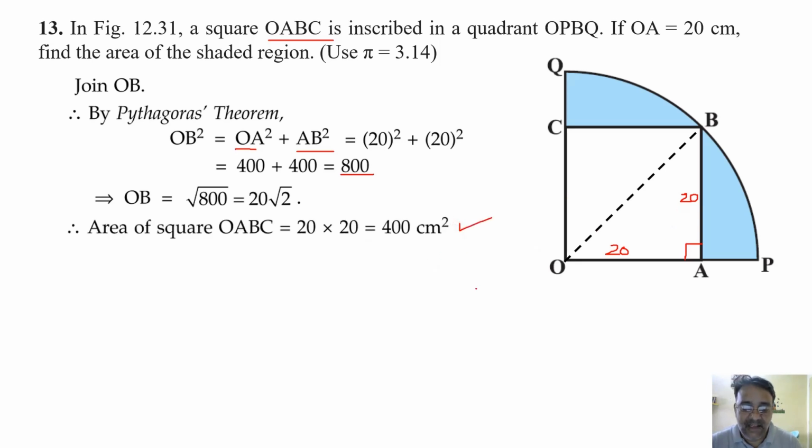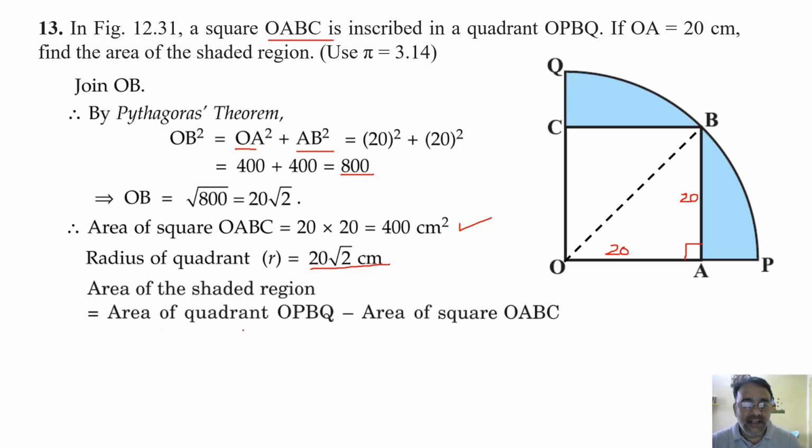And the area of shaded region, just now I told you that area of shaded region is area of quadrant minus area of square. So radius we already got, 20 root 2. So area of quadrant minus area of square. Formula of area of quadrant is 1 by 4 pi r square minus 400. Now we'll substitute the value of pi as 3.14. It is already given in the question.